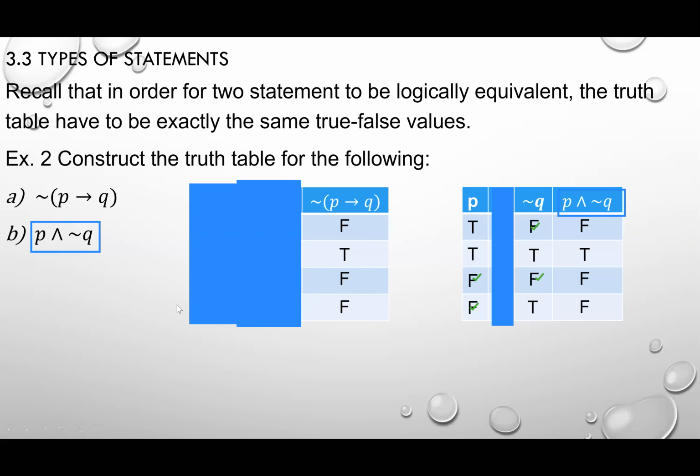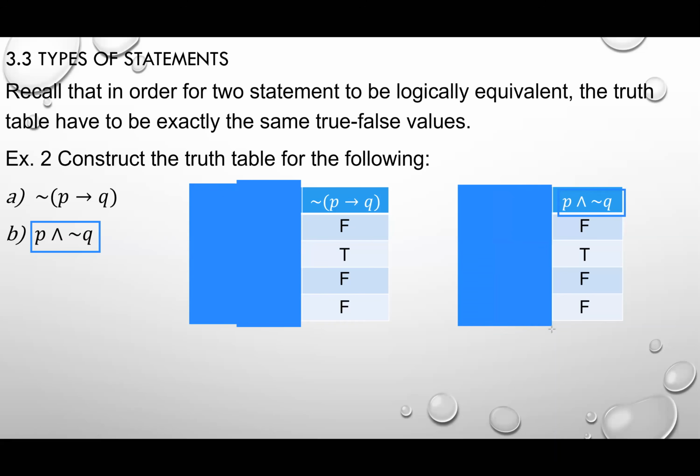The fourth line, I see a false, so it's false. So in this case, like I say, we don't look at the item as a whole. They asked me to come up with a truth table for this. I got it. The truth table for this item is false, true, false, true.